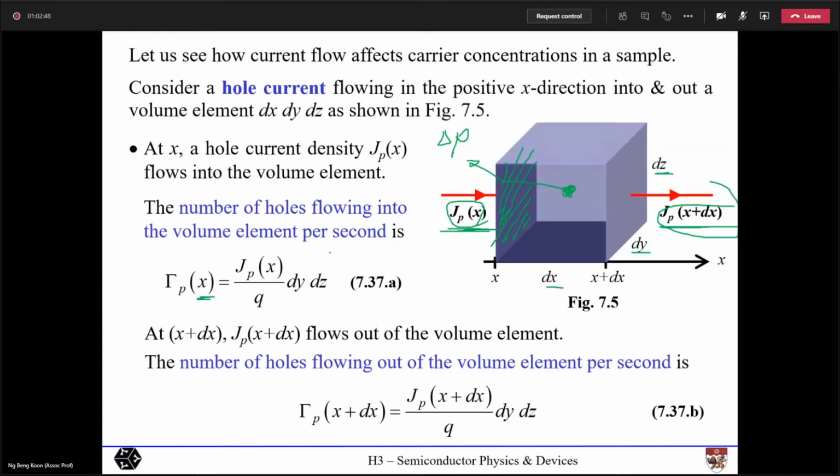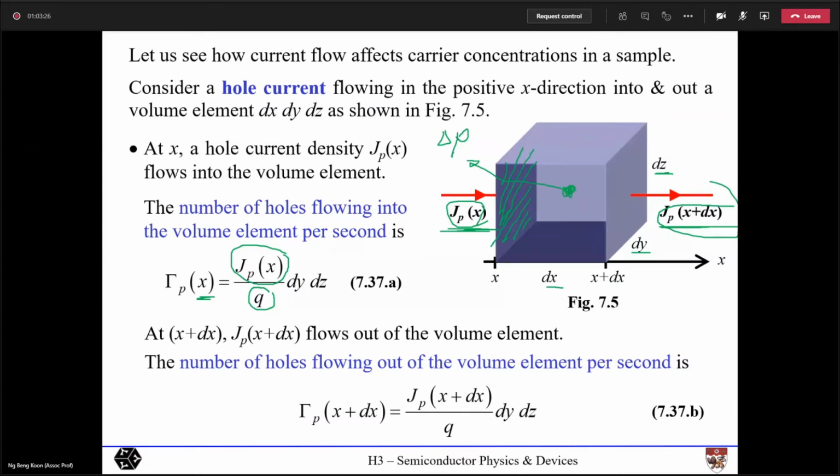We divide the current density by the elemental charge, which tells us how many holes flow into that face per unit area. The cross-sectional area of that face is dy multiplied by dz, so we multiply that in as well. Then we get the total number of holes going into this box per unit time. So we have gamma px, the amount of holes flowing into the box.